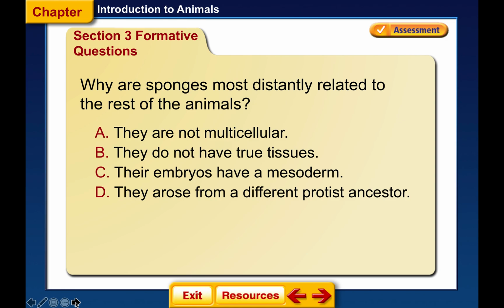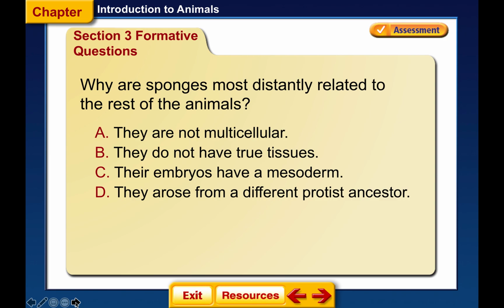All right, why are sponges most distantly related to the rest of the animals? They're not multicellular. Well, that's not true. We know they are. They do not have tissues. That's true. Their embryos have a mesoderm, or they arose from a different protist ancestor.